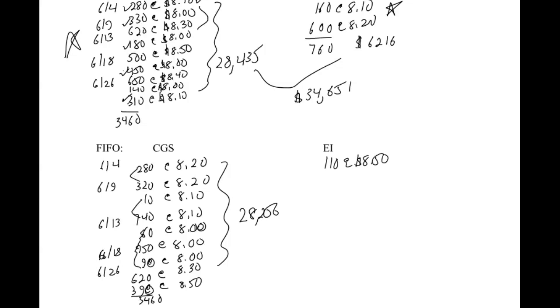And then we have all of the 650 from the last purchase that was at $8.40. Okay, so there's my 760. And this works out to be 6395, and then add those together, and we get 34,651. So everything is accounted for.